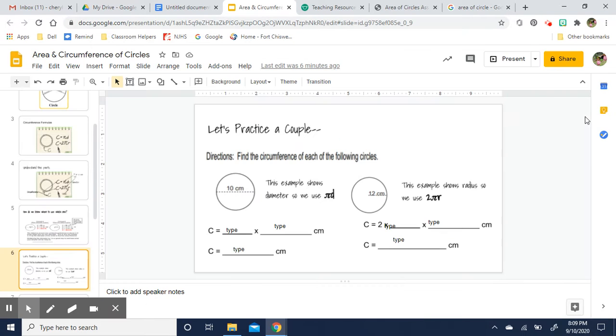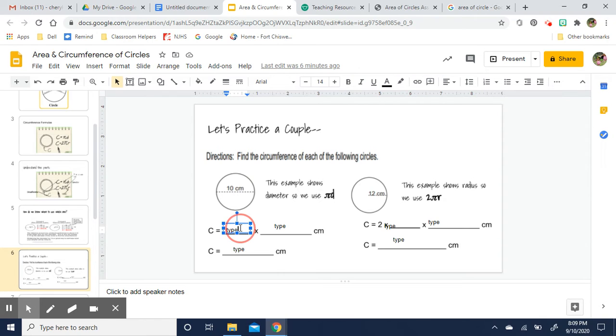All right, so here's where you're going to fill in as I'm doing here in the video. So circumference is equal to pi, and for pi, we want to take this and erase it, and we want to put in 3.14. Then we want to put in the diameter, and our diameter here was 10, so we're typing in 10.